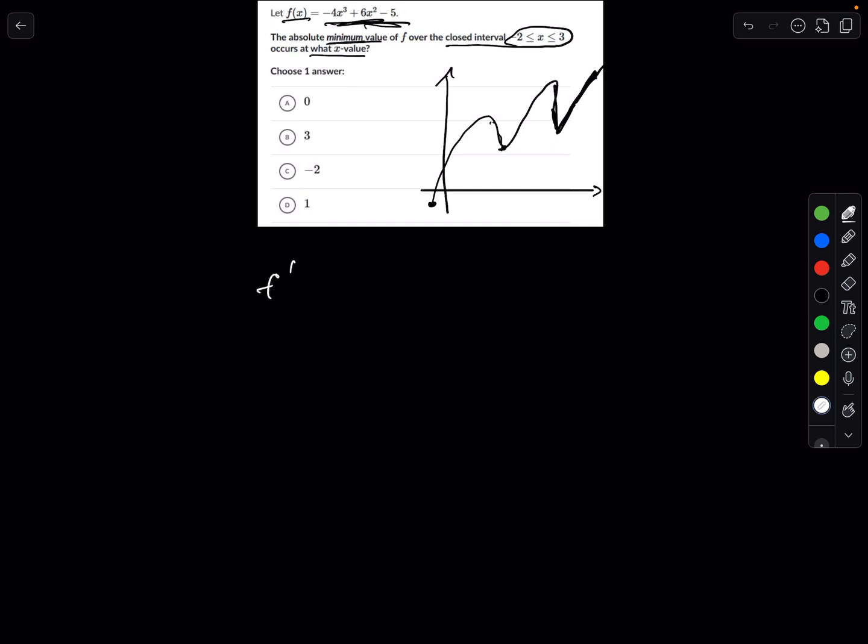So f prime of x is going to be equal to minus 12x squared plus 12x. Well, we just applied the power rule here, nothing too special, and now we have to make it equal to 0 so that we can find some critical points. And this derivative isn't gonna have any x points where it's going to be undefined because it's a polynomial and it is continuous along the entire interval.